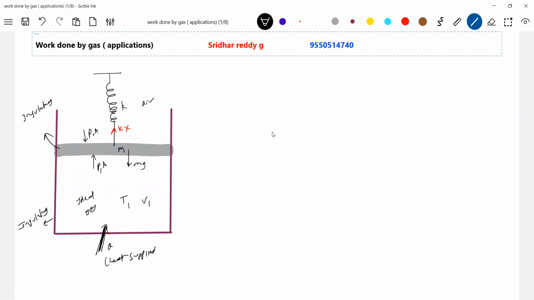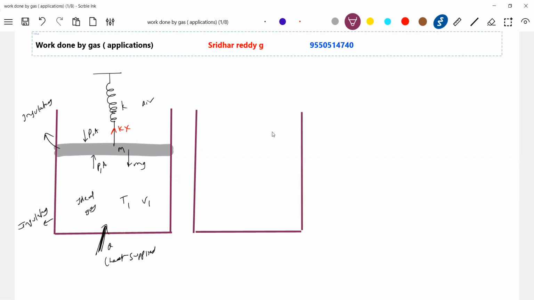So again, if I go back to this, the piston will rise. This is elongated, no?